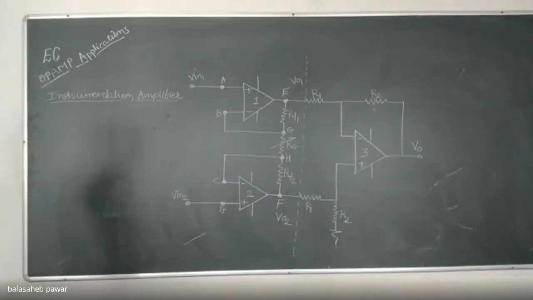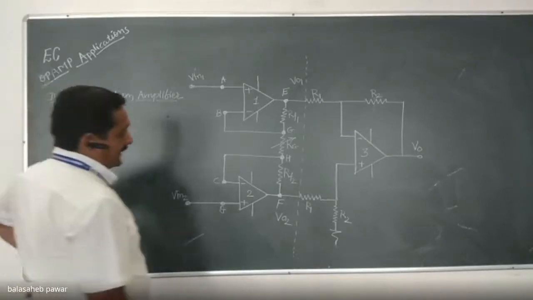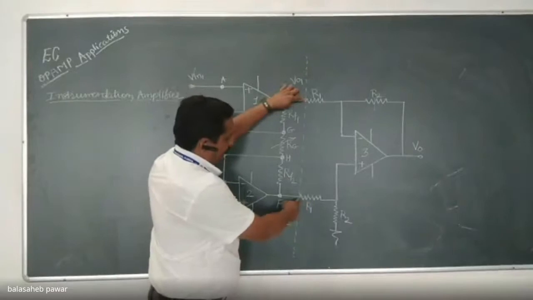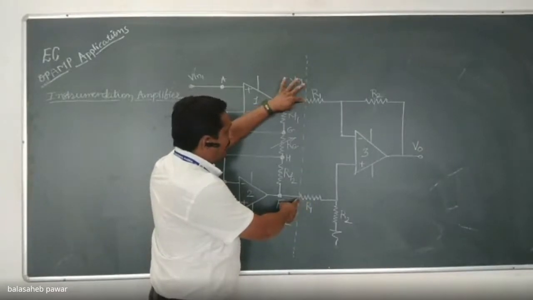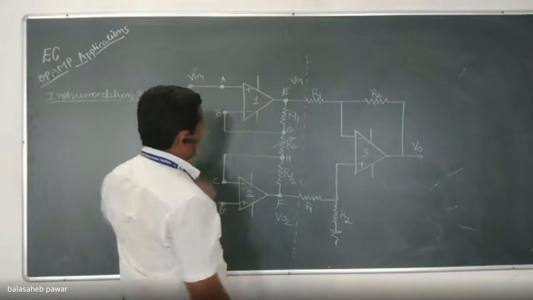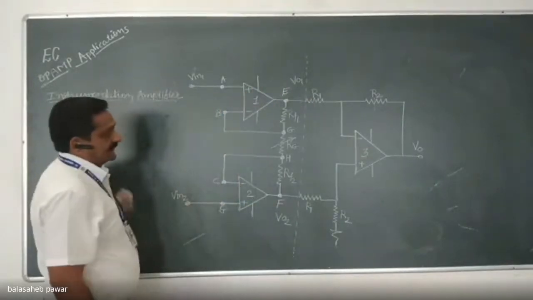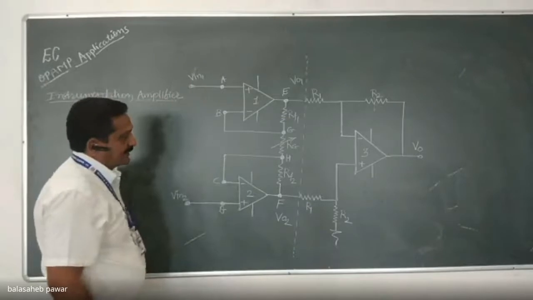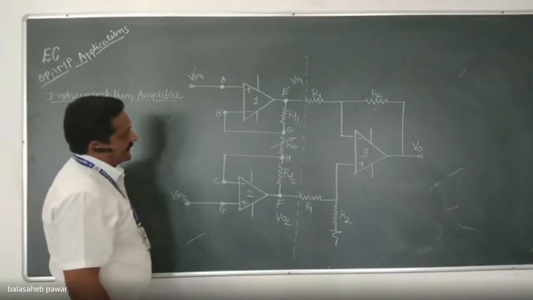Can anyone? It is a difference amplifier. 2 inputs are applied to its inverting and non-inverting terminals, right? Those 2 inputs are nothing but the 2 outputs of the separate op-amps.